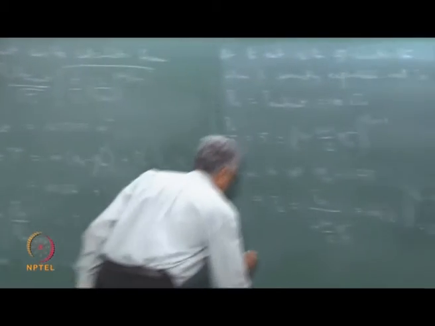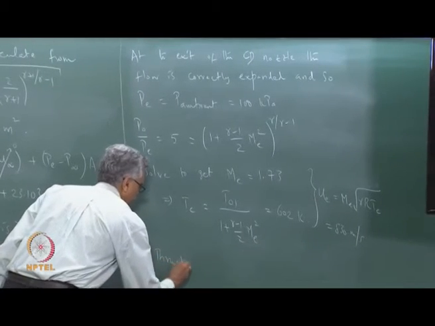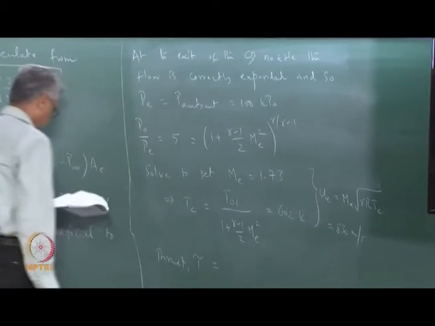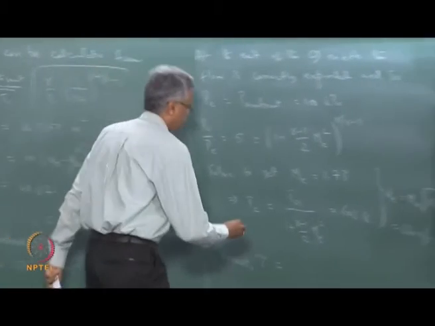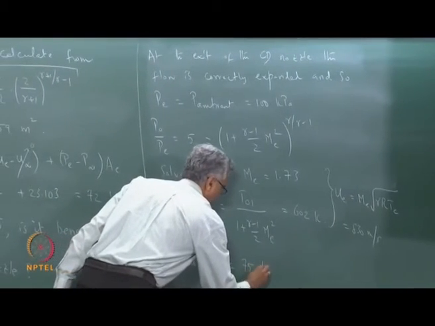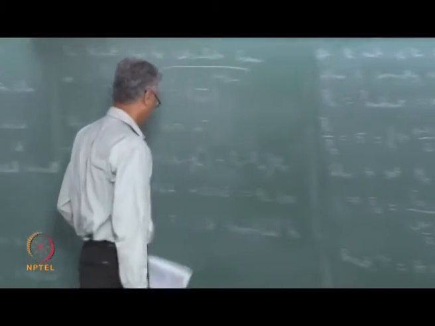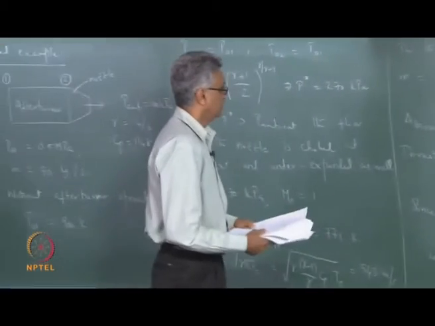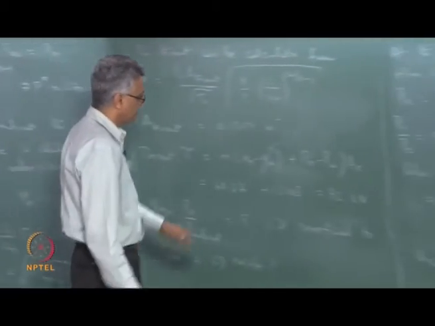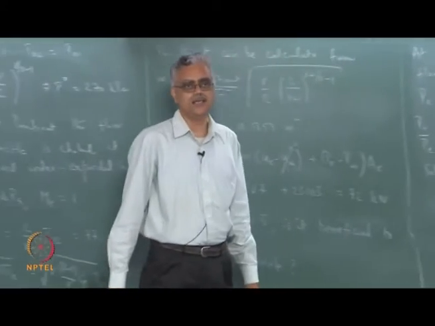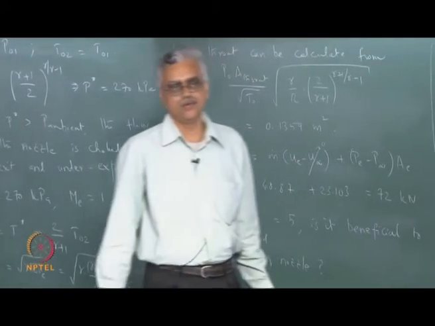So if you substitute the numbers, you get the thrust to be about 75 kilonewtons. Earlier it was 72 kilonewtons, now it is about 75 kilonewtons, an improvement of 3 kilonewtons.